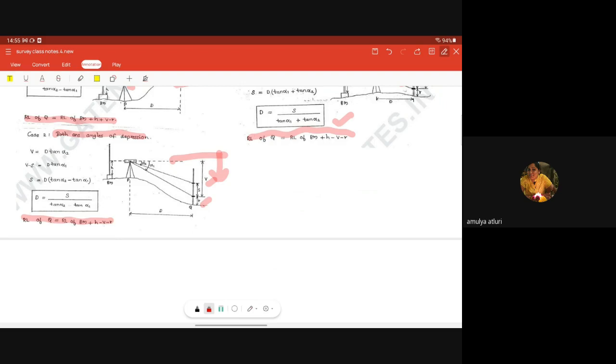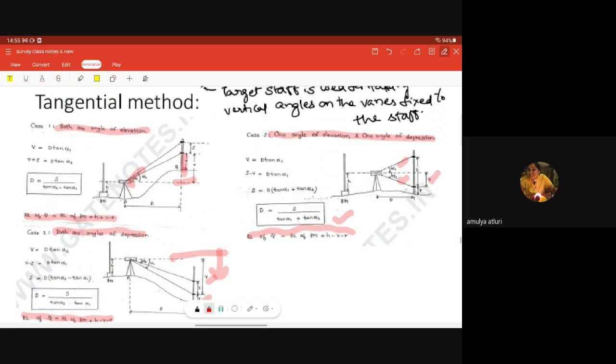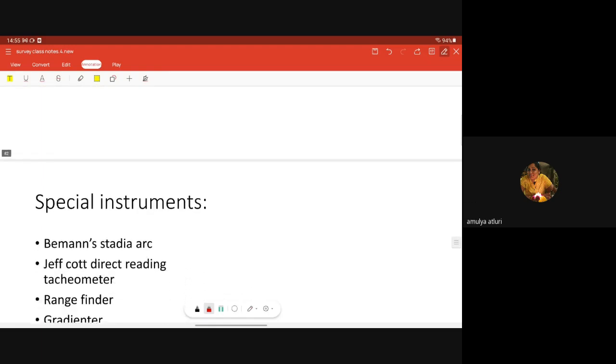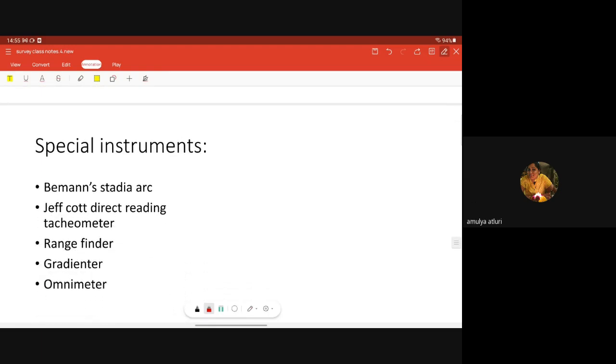Next method is special instruments. The special instruments include Beeman's Stadia arc, Jeffcott direct reading tachometer, and rangefinder.